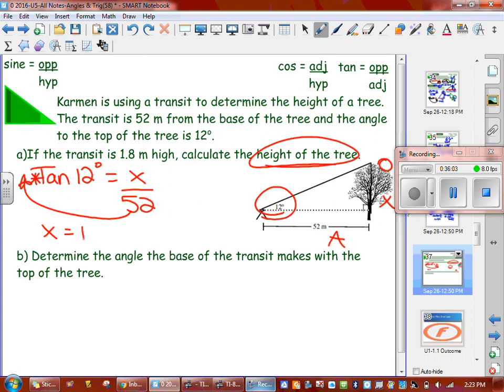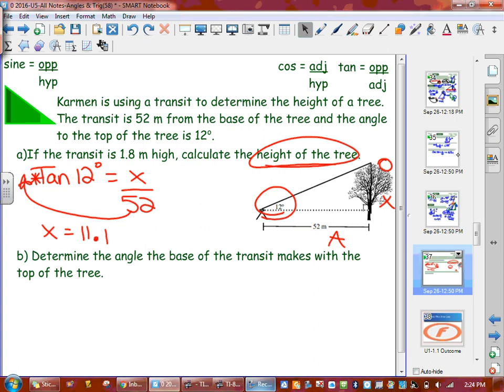Okay, so we got 11.1, but that's not the total height of our tree. That's only from where the transit is. So we need to add the height of our transit, which is 1.8, to get the full height of the tree. So plus 1.8, our tree will then be 12.9 meters. So now we know the height of our tree. So we can redraw the triangle for the next section. So our height is 12.9.